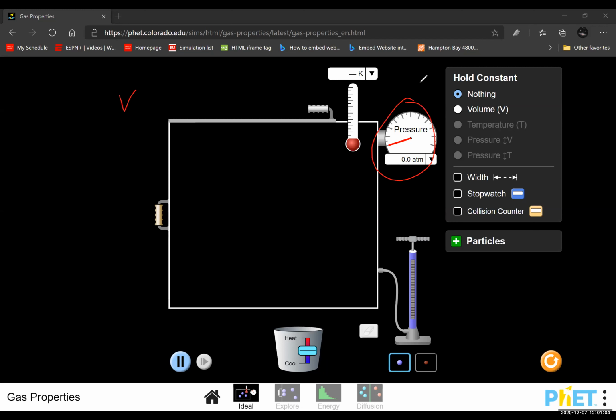Here's a pressure gauge that gives us the pressure. Here's a thermometer that gives us the temperature in Kelvin. This is a way of pumping molecules in. Also, this is a source of heat, think of it as increasing or decreasing the temperature.